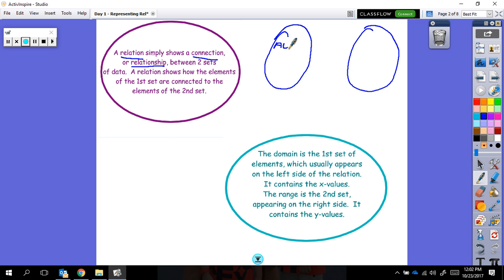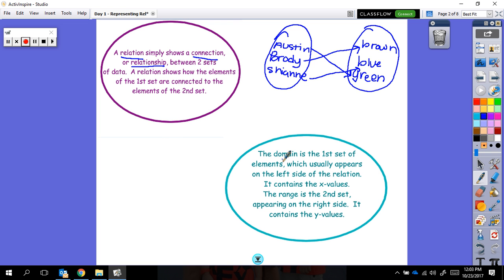So I could put Austin and Brody and Cheyenne. And then I could put eye color over here. So that's a relationship. So we could have brown, blue, green. Okay, and we could literally map you onto what color eyes you have. Now, I don't remember what color eyes you have, but this is just an example. Okay, so it just simply shows there's a relationship or a connection.